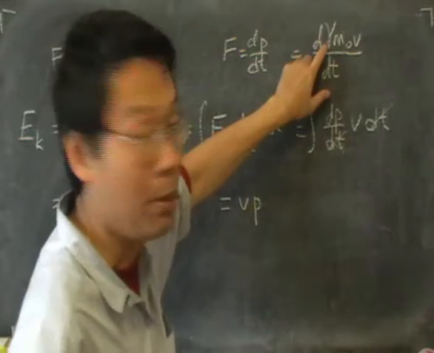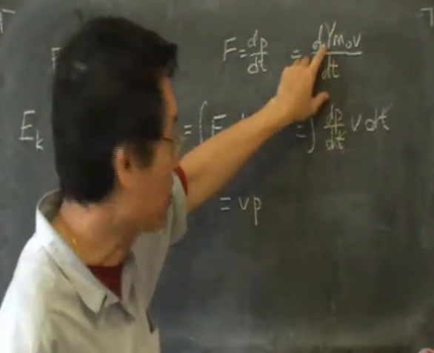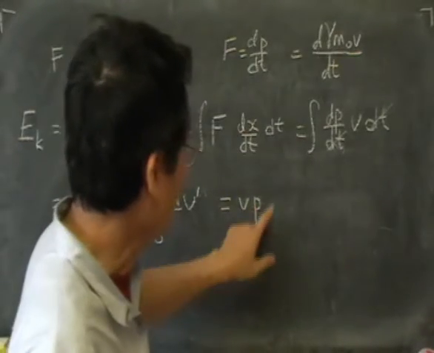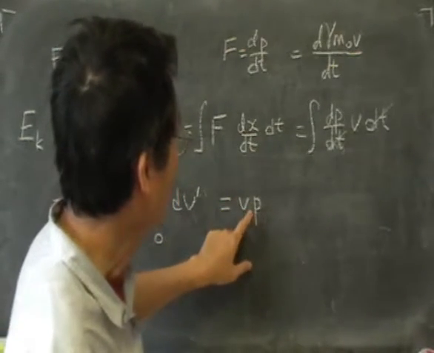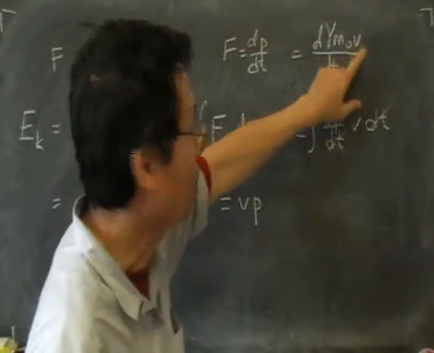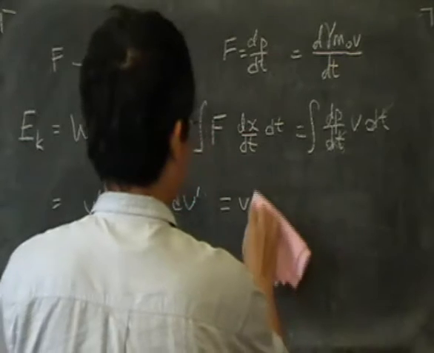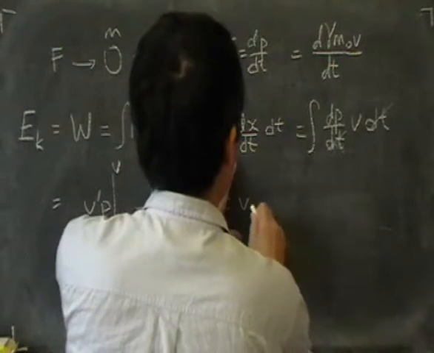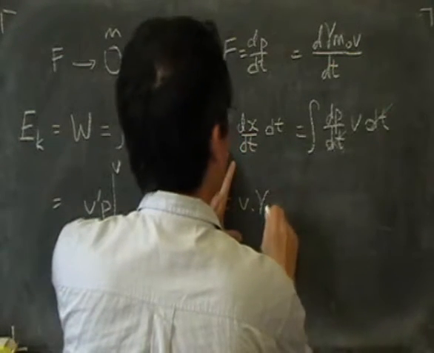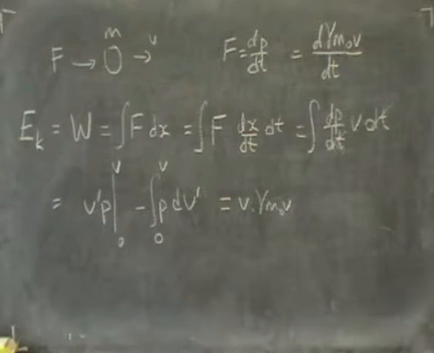But the gamma also contains v. That Lorentz factor is also a function of v. So it just means that for this p, it would be actually gamma m0 v using the final v. So let me use that instead. So v times gamma m0 v. So that's my momentum at the final velocity.